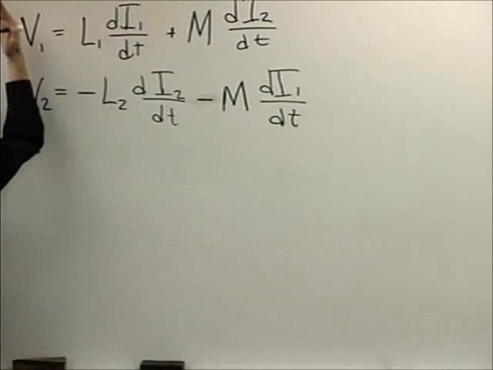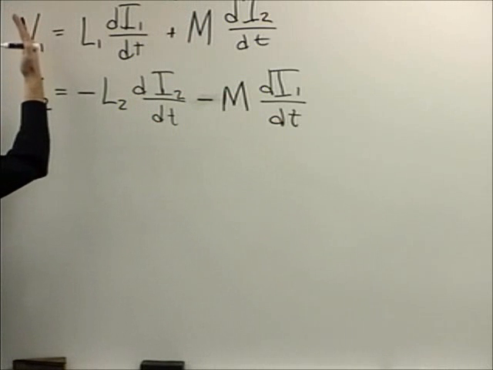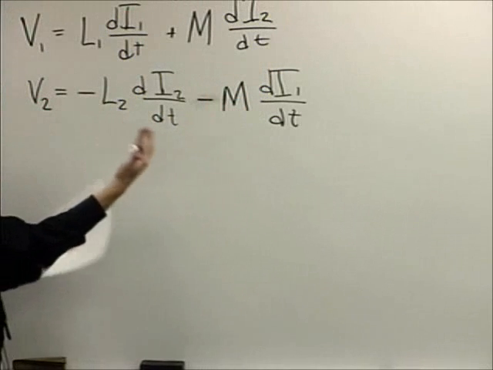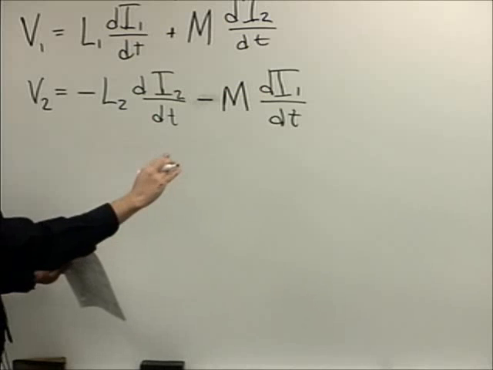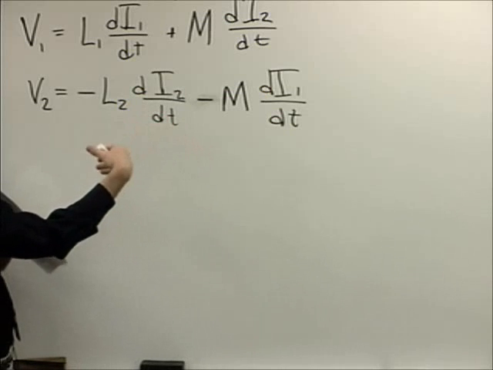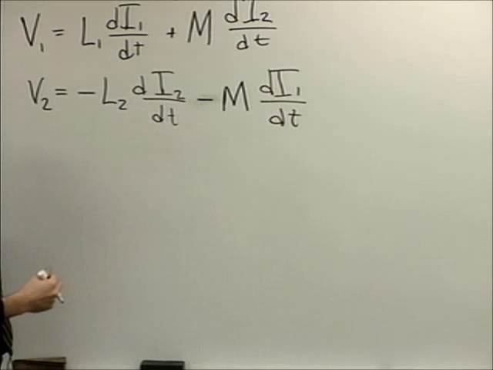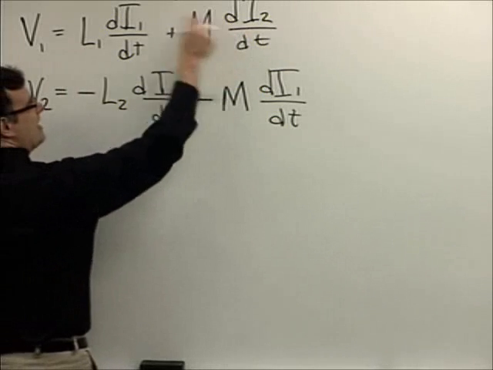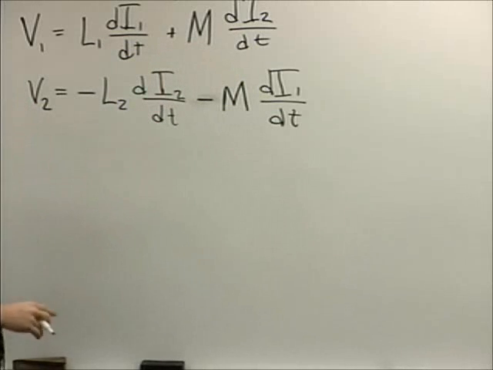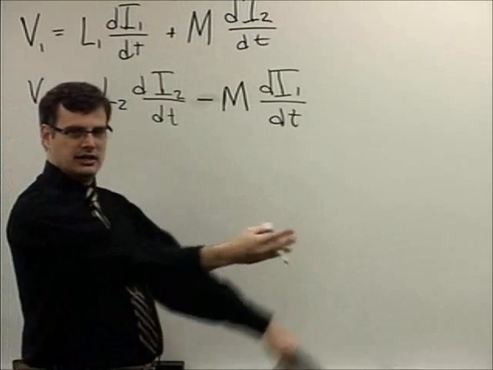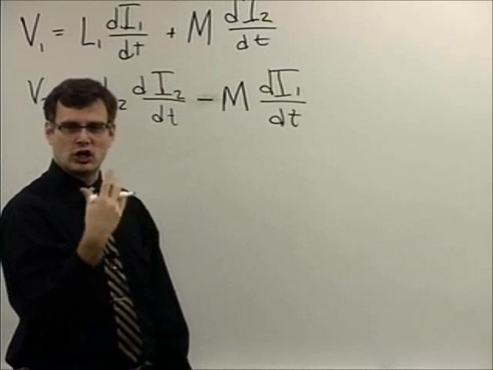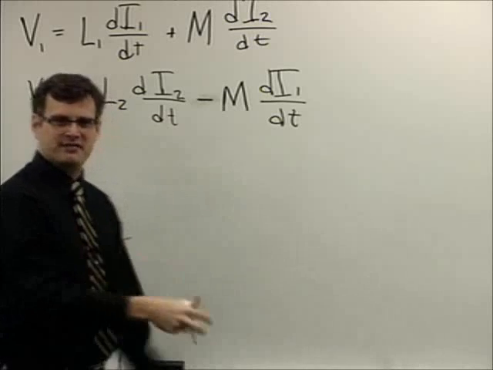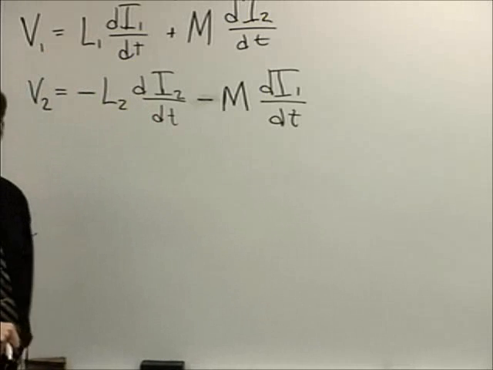The left-hand side of this is old hat for anybody that's taken a circuit theory class. The right-hand side, I'm just adding Faraday's law and reflecting the effect of coil 1 on coil 2 and coil 2 on coil 1. Now, the problem is that these differential equations are coupled. I2 and I1 show up on both sides. If you try to induce a voltage in coil 2, that voltage will make a current, which actually reverse couples into coil 1, and you have this weird kind of cross dependency in the equations.